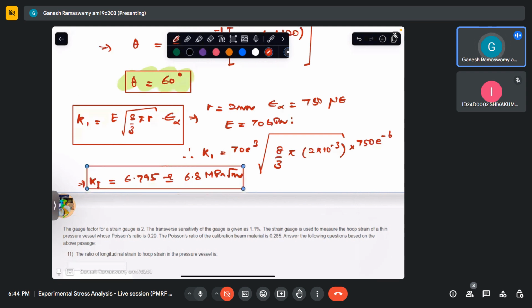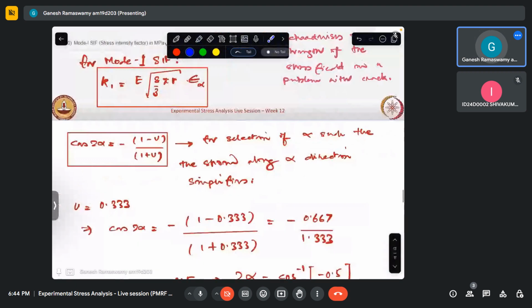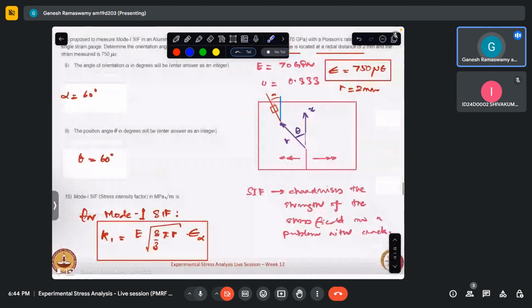6.8 MPa root meter. So once we have K1 at our disposal, we have expressions as functions of r and theta, which is just scaled by K1, and we will have the strength of this stress field.